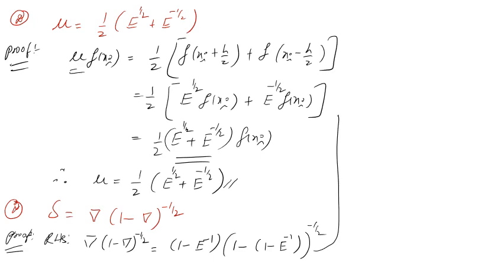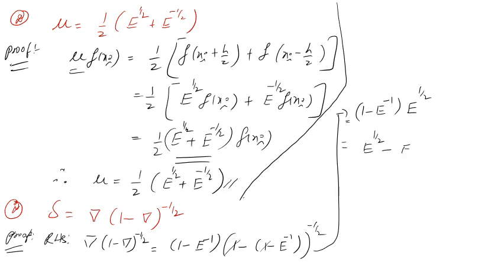So this is equal to 1 minus e power minus 1, and here the 1 gets cancelled, minus into minus plus, and e power 1 by 2 you will get. Take this inside: e power 1 by 2 minus e power minus 1 plus 1 by 2, that is equal to e power 1 by 2 minus e power minus 1 by 2, that is nothing but the central difference operator.